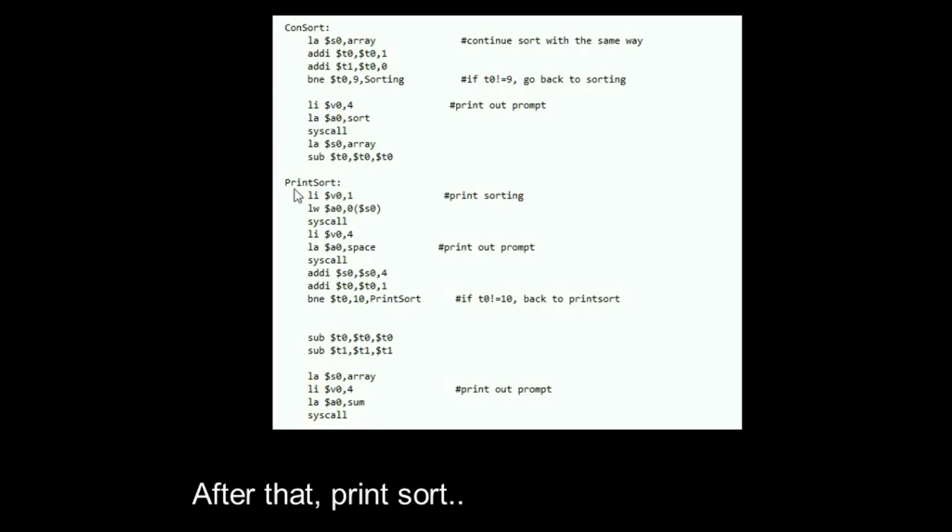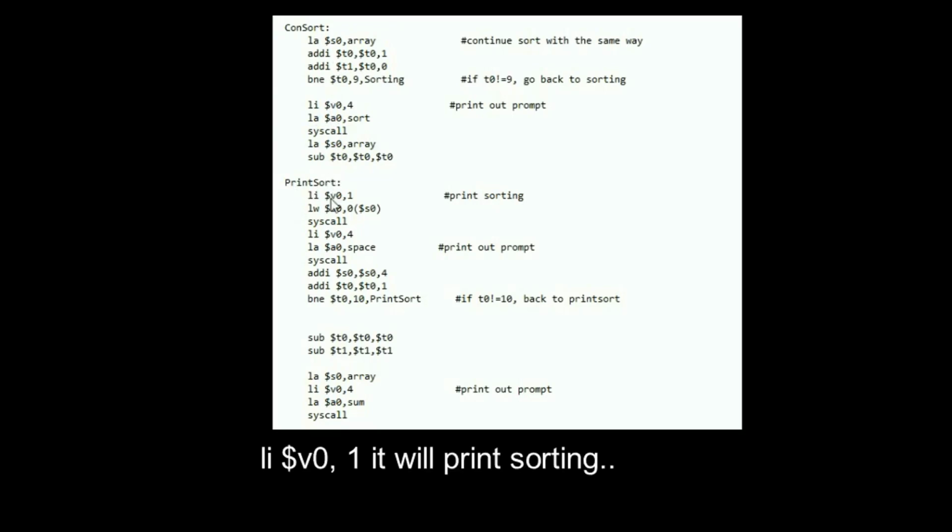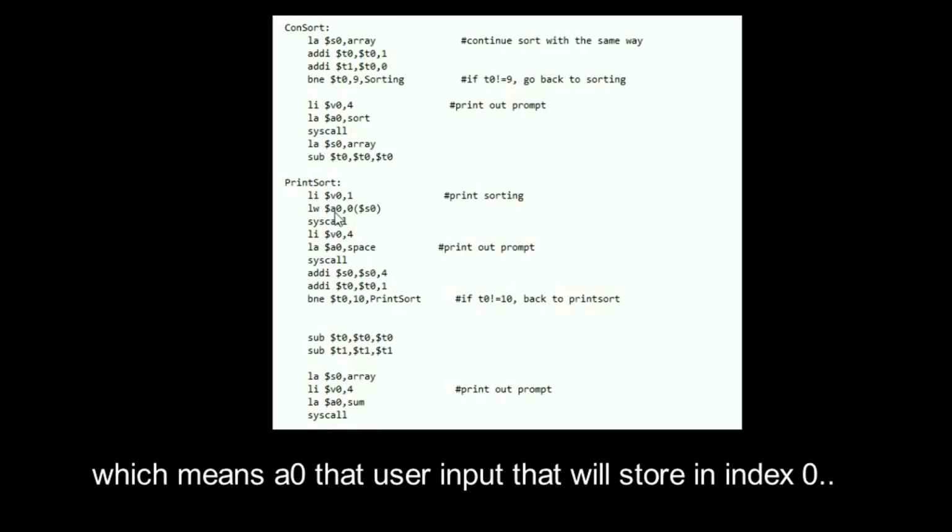And then after that, print sort. LI $V0 1, it will print the sorting. LW $A0 0 in bracket $S0. This is called, which means A0, the user input, it will store into index 0.